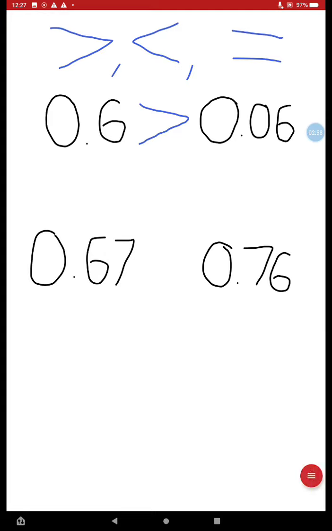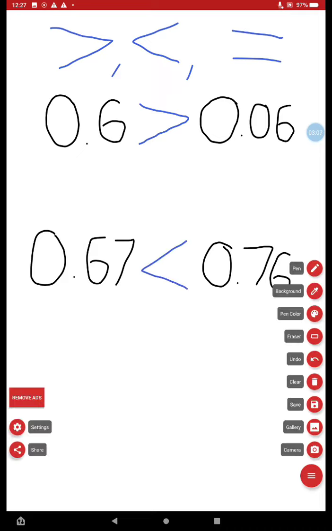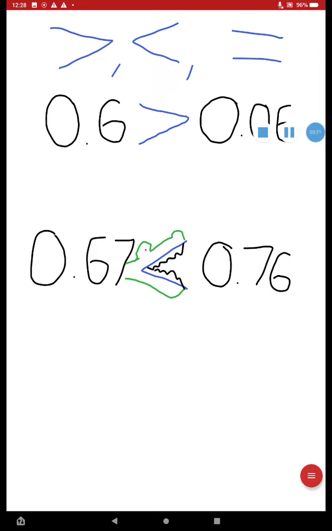Well, which one's bigger, if you have 67 pennies or 76 pennies? Hey, now you got it, 76. All right, there's our alligator opening up to eat the bigger number. All right, you're going to put that into practice on numbers 1 through 6, and then the rest of the problems are all division problems.